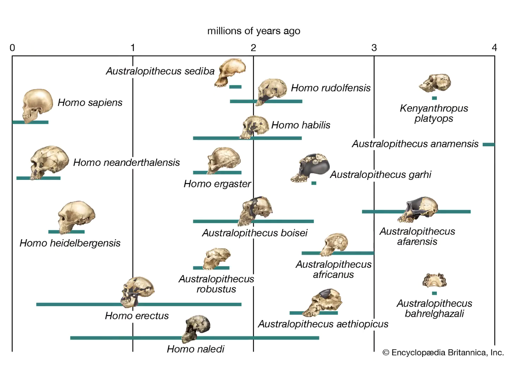So here's a timeline of some of the different species of hominins, starting with Australopithecines over here, starting off around 3 to 4 million years ago, and then some of those evolving into different species of Homo. Homo erectus lasted a very long time.